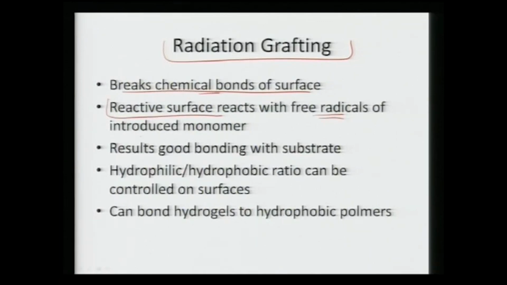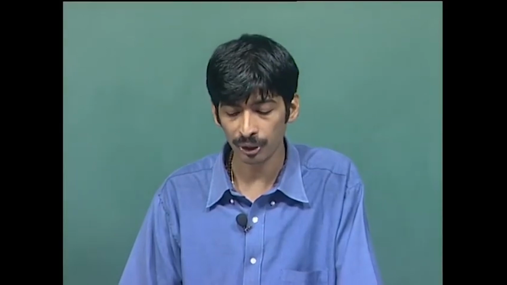And if we introduce a certain monomer, the free radicals will interact with the introduced monomer. So, in the process we are activating the surface by breaking the chemical bonds. They start reacting with a monomer which is now introduced in the system, and that results in a very good bonding with the substrate. So, if you are able to activate the surface and let it react with the monomer, it can bond very nicely or very strongly with the substrate.